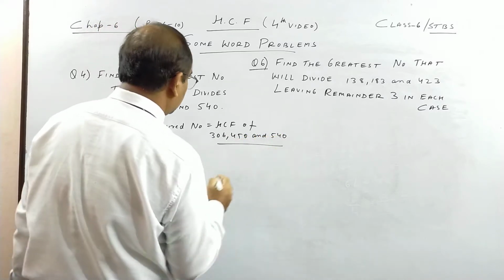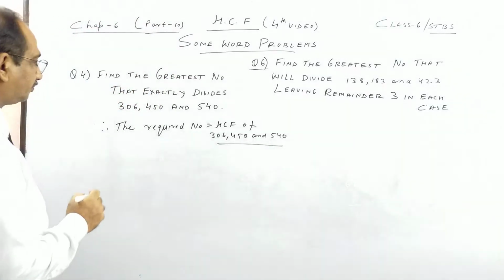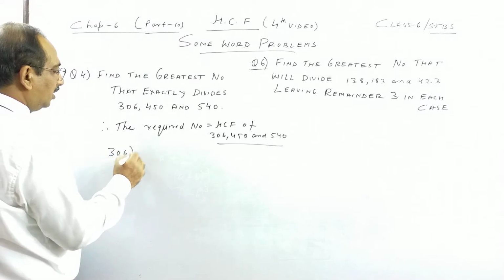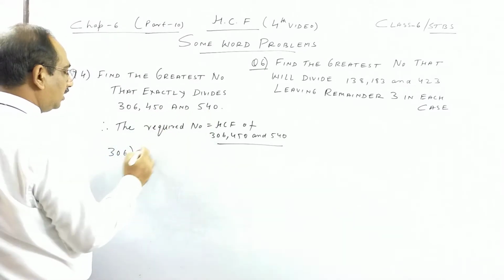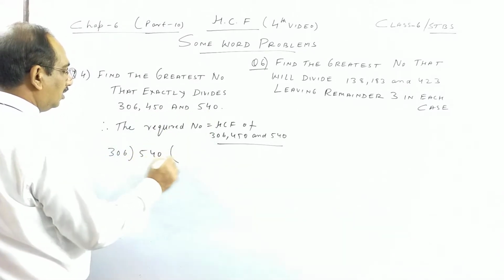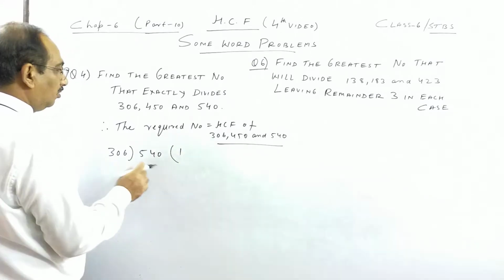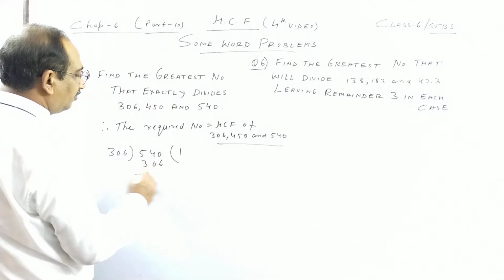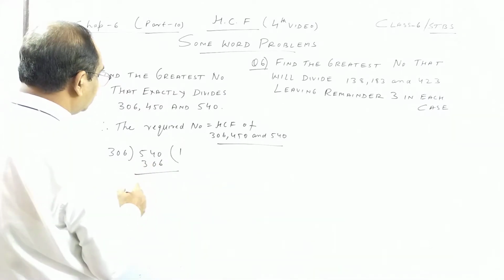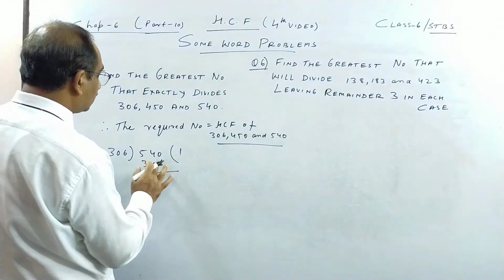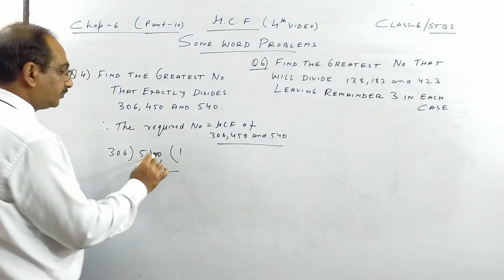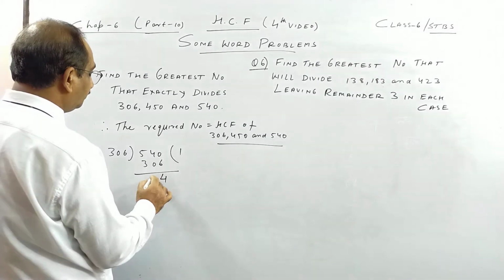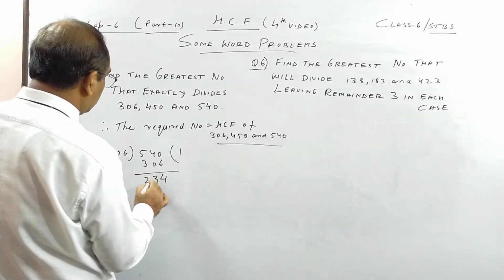540. Now generally you can take any two numbers, take the smallest number and the next biggest, or I take the biggest number. So see here, what is the HCF of these two by the long division method? If you subtract, children, this is 306, you will get 234.